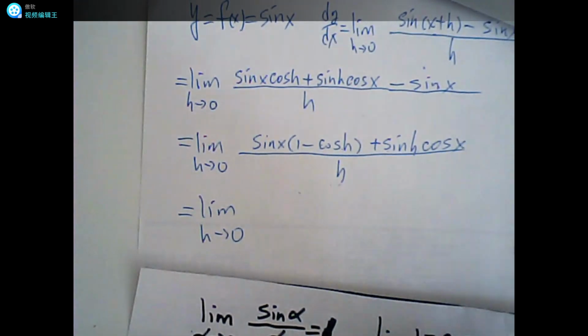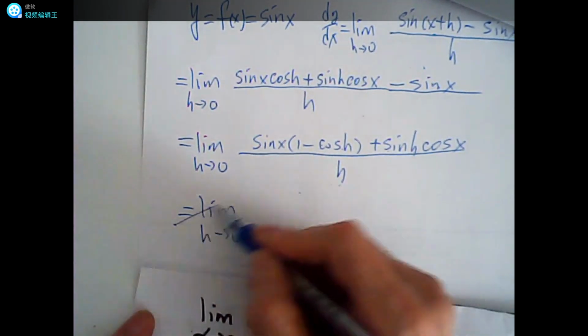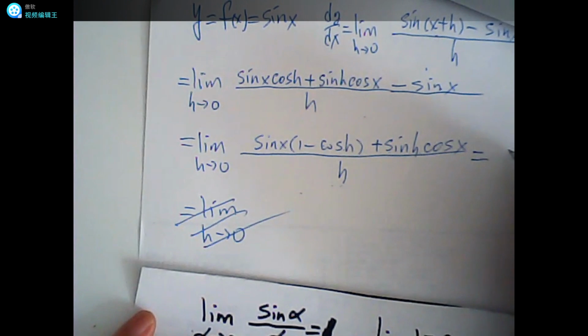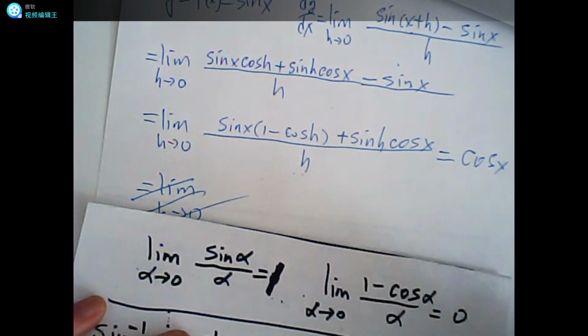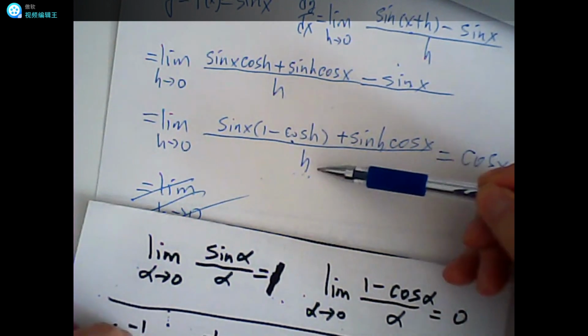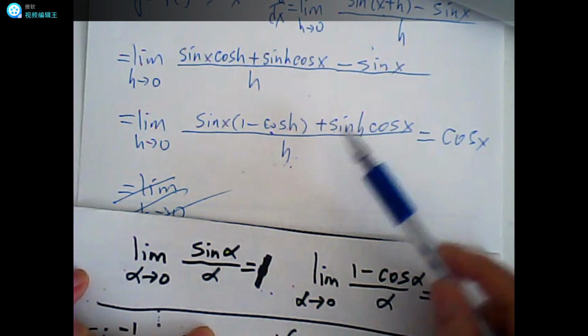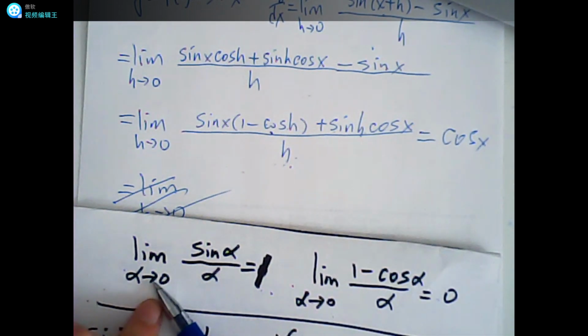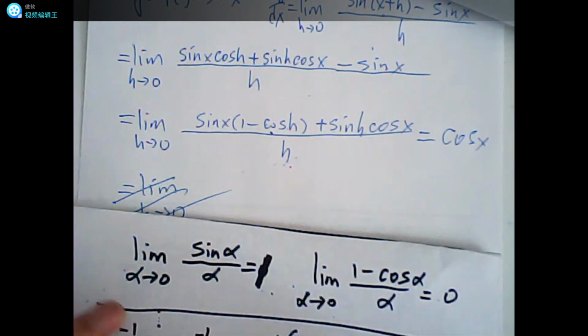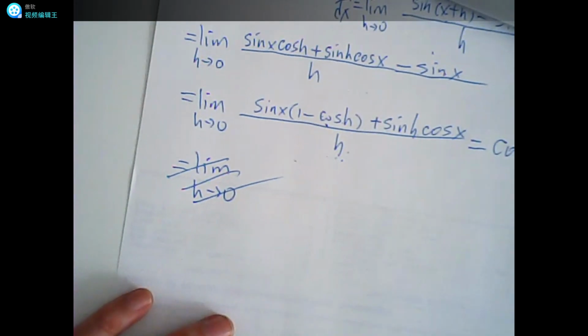So you only need 1. So this is equal to cosine x, right? Therefore, you get this result. All right, this is done.